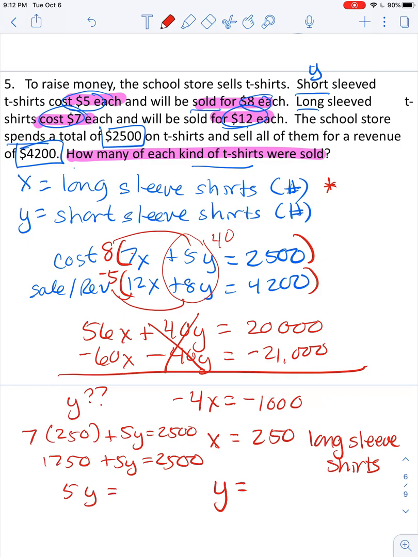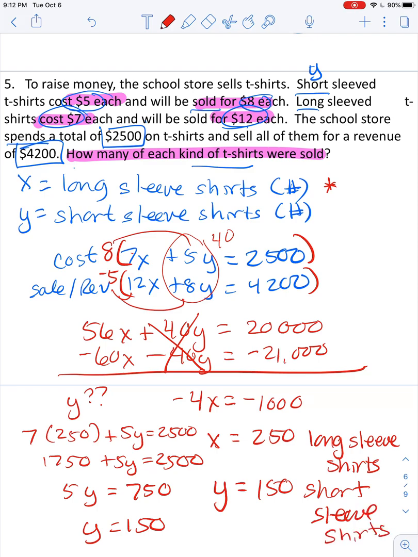Some magical subtraction, and I'll have 750 over here. And so my Y turns out to be 150. So I'm going to be getting 150 short sleeve shirts, and I'm going to have 250 long sleeve shirts.